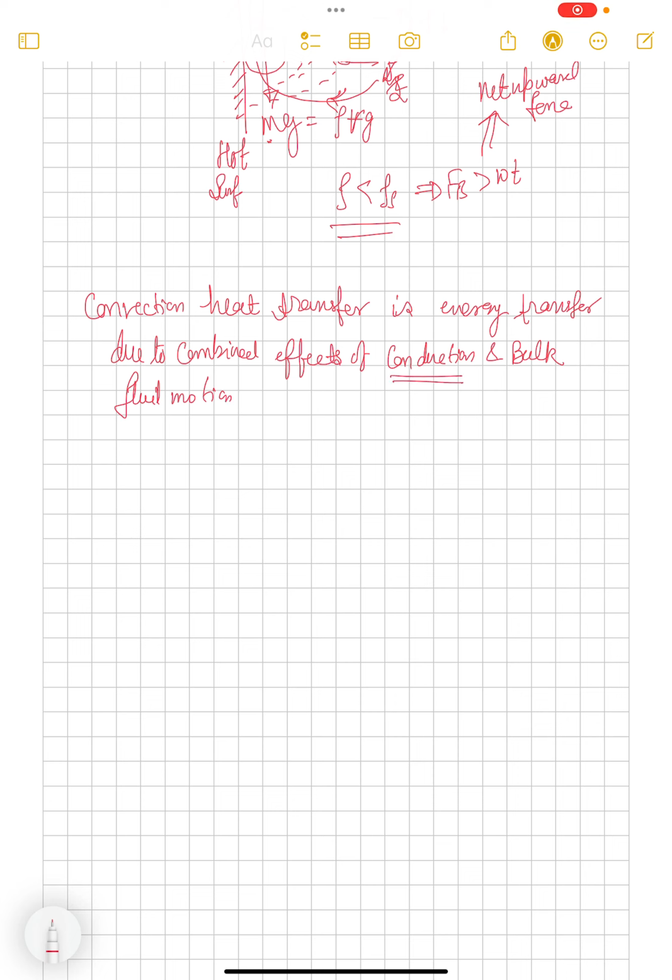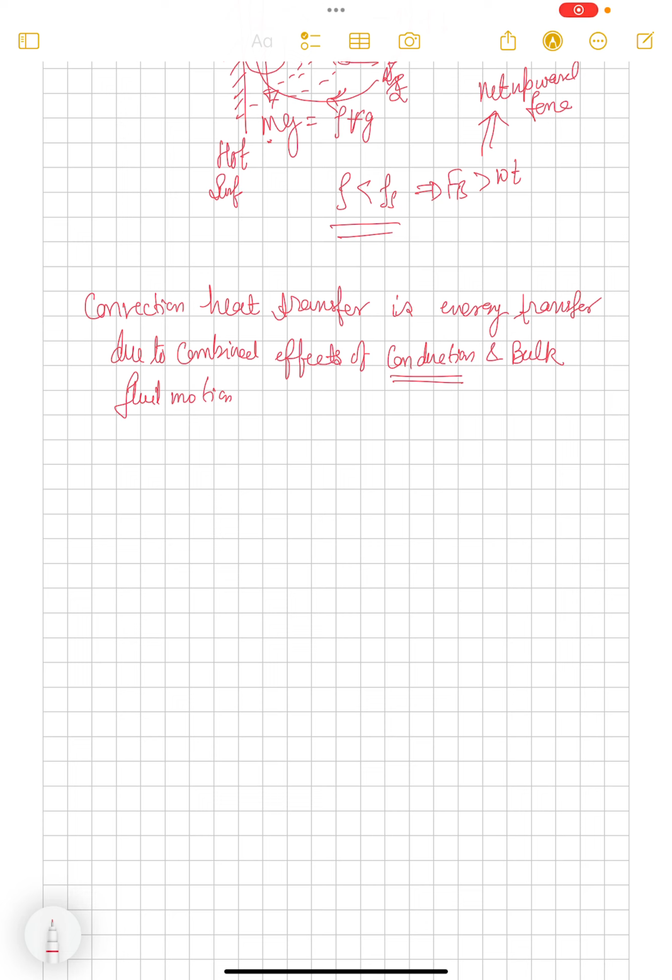Conduction, why conduction? Because the very first layer of the fluid which is in contact with the solid surface is at rest, and the layer which is at rest will transfer heat energy by conduction, and above the stationary layer of the fluid, bulk motion of the fluid is there. That bulk motion of the fluid will take that heat away from the wall and advect it downstream.